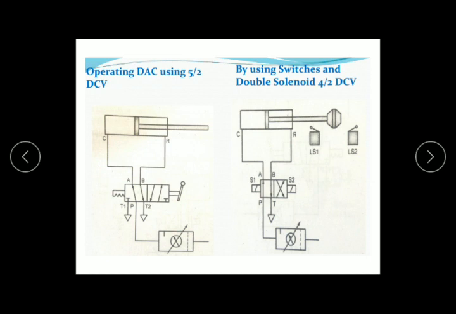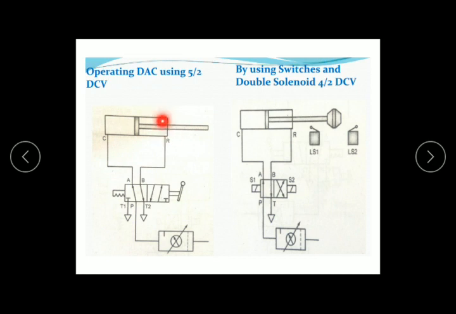As per Pascal's law, the piston moves in the forward direction, that is extension. So from the FRL unit, air is passing from P to A to C, and from the piston end we get the extension of the double acting cylinder.